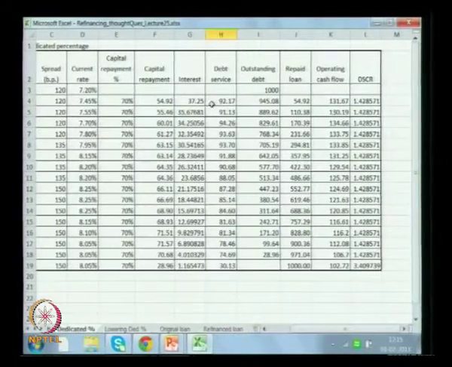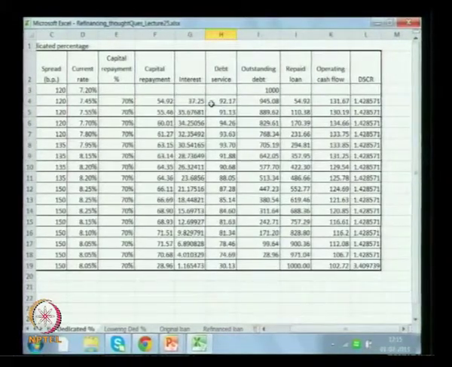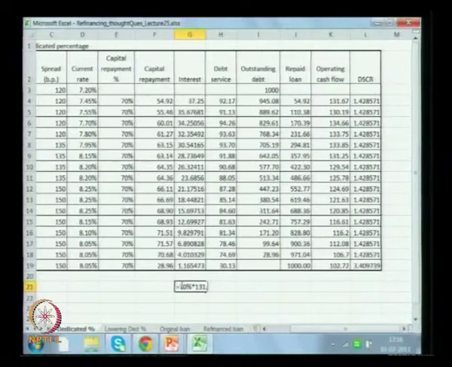How is this 92.17 determined? 92.17 is nothing but 70% of 131.67. To illustrate, let me calculate 70% of 131.67.